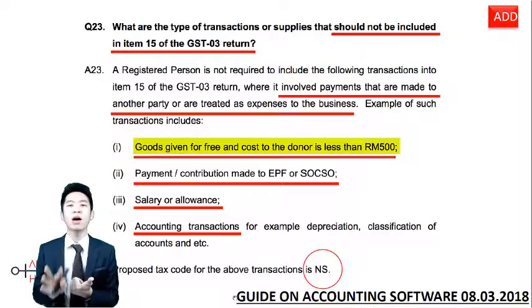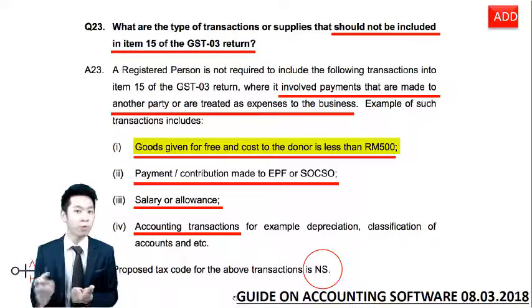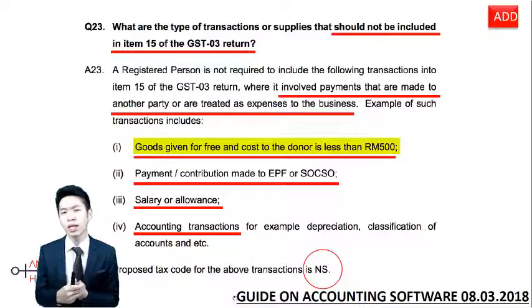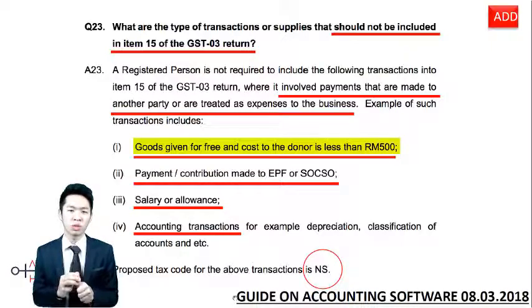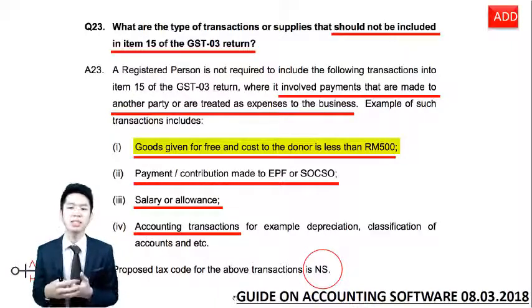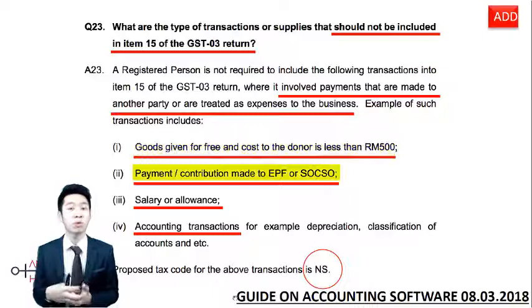We agree, after 500, we need to deem supply and account for output tax, correct? Now, below 500, how do we do that? This is where your accounting software becomes very important. If you don't have an accounting system which can support you on the gift rule, you might as well not use it. The second one is payment or contribution made to EPF, SOCSO.